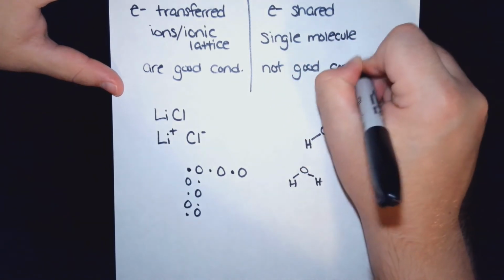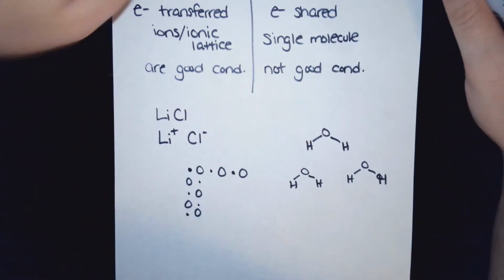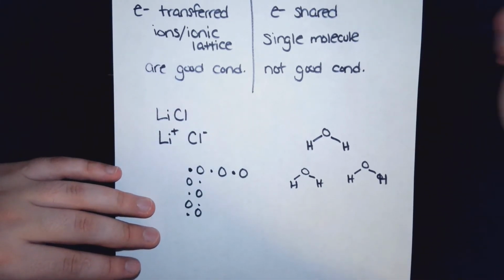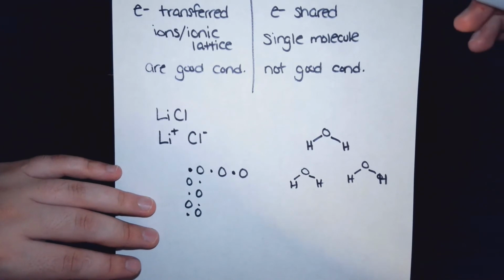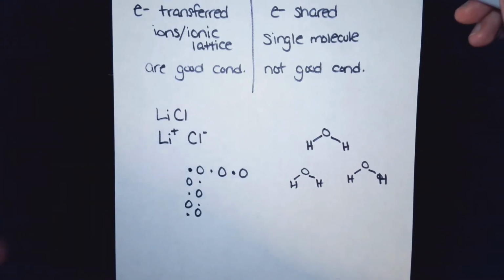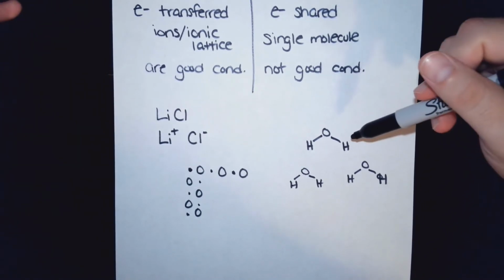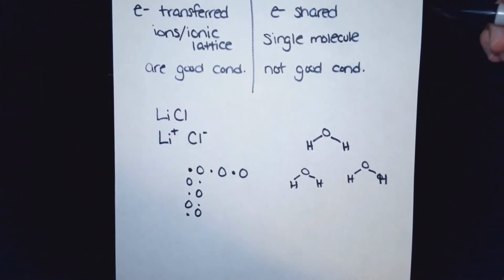Now you might say to yourself, wait a second, I've seen plenty of examples in movies and on television of electronics being put into bodies of water and electrocuting things. And plenty of electronic equipment has warnings not to put it in water. But you just said water is a covalent molecule, and that's not a good conductor of electricity. So what's going on? Water by itself is not a good conductor of electricity because it doesn't have any ions.